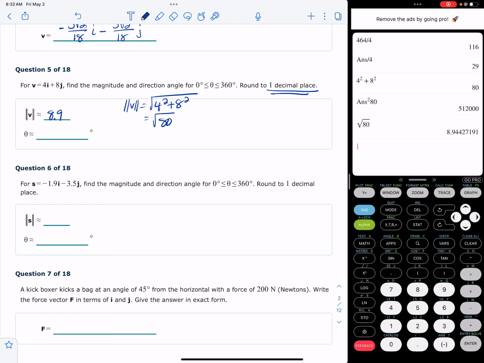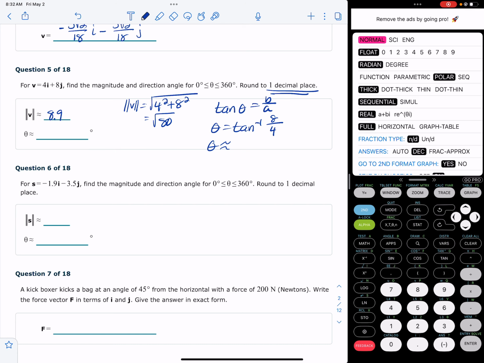or 8.9. Now to find the angle, we use that tangent formula. And so theta is going to be the inverse tangent of b, which is 8, over a, which is 4. And again, we're allowed to use the approximate value. So I'm going to go to mode and make sure that I'm in degrees.